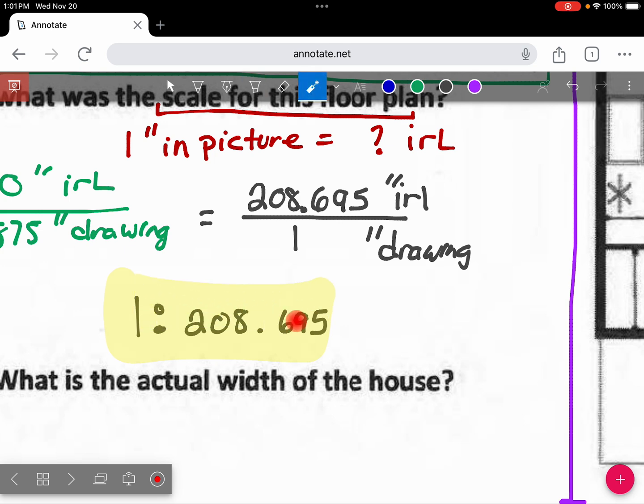Which we'd probably actually round off in real life to be like 208.7 because that's a little ridiculous, but we're going to do it because we're petty. So this scale is one of those important things that we're going to see again. All this is our 1 inch of drawing stands for 208 inches in real life. It's the picture versus in real life measurements.